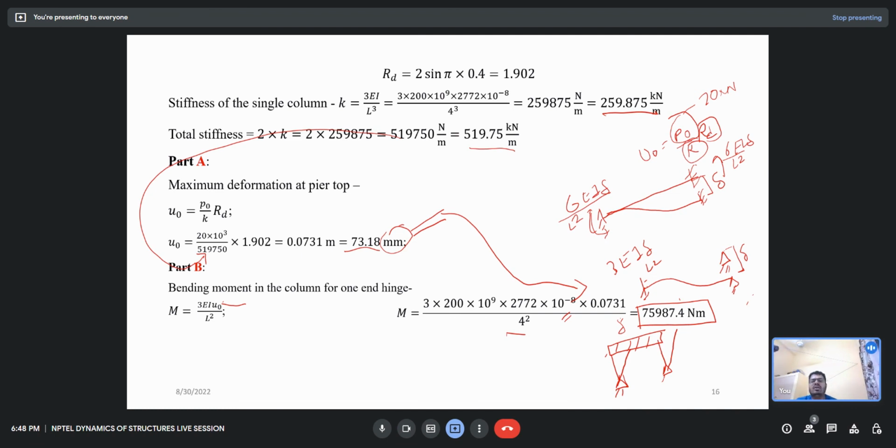Now I can simply find out my bending stress. Bending stress sigma is equal to M by Z, and Z is given to you as 252 centimeter cube.